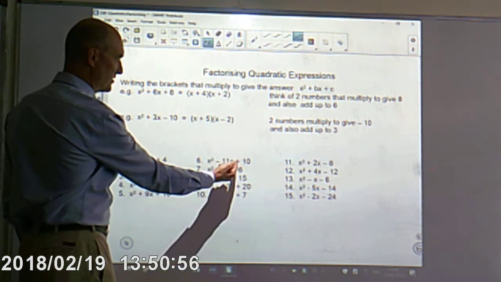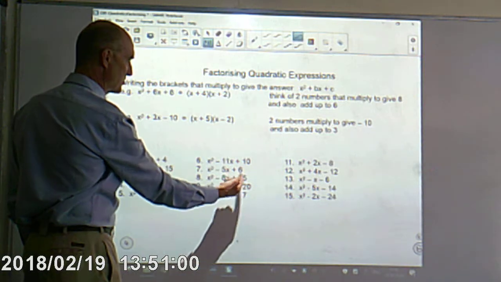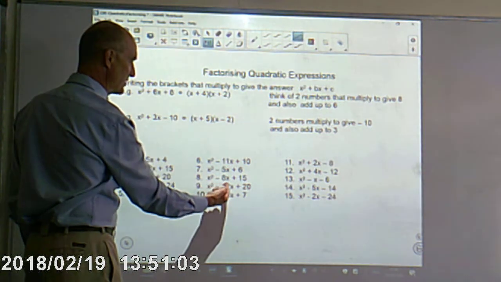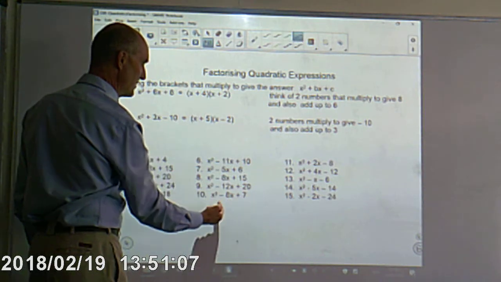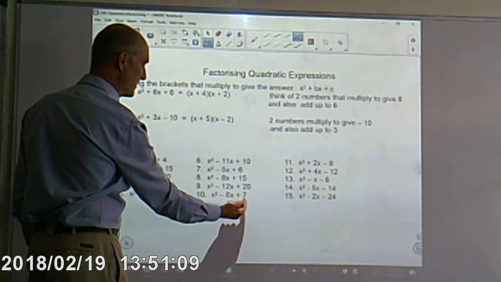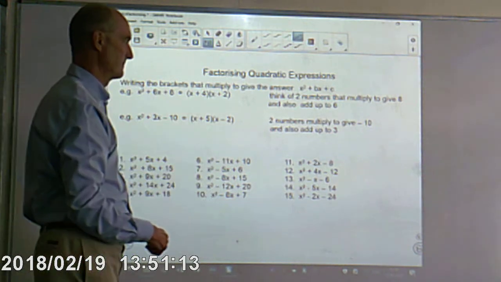x squared minus 11x plus 10, x squared minus 5x plus 6, x squared minus 8x plus 15, x squared minus 12x plus 20, x squared minus 8x plus 7. Factorise them, put them into two brackets.